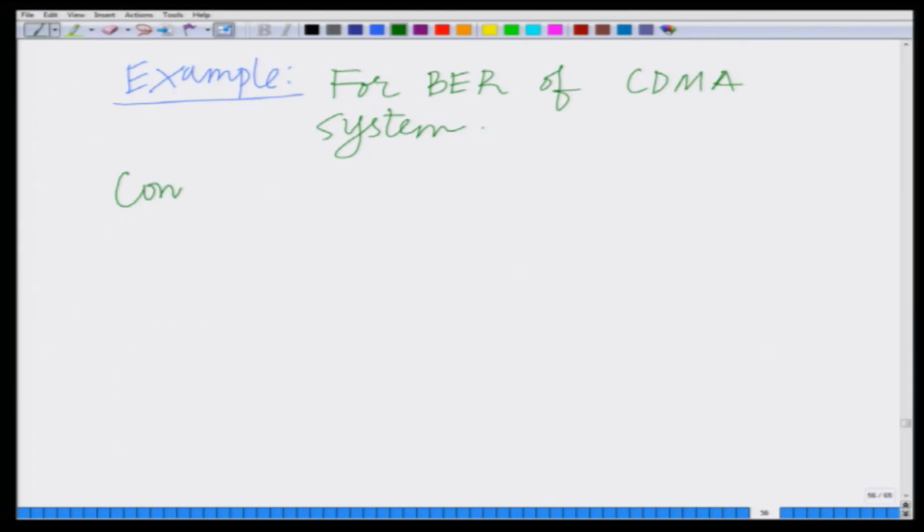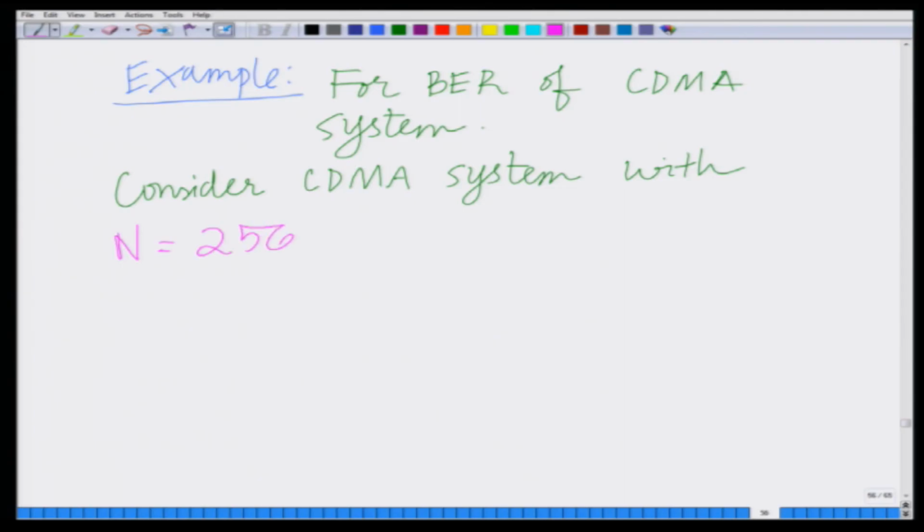Now consider a CDMA system with N equal to 256, that is, code length N is equal to 256, and my SNR, that is the transmit SNR, equals P over sigma square equals 15 dB. This is the SNR in dB. What is the bit error rate of this CDMA system?